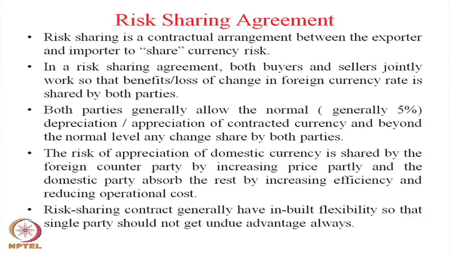In other words, for the exporter, domestic currency appreciation creates an operating exposure. For the importer, domestic currency depreciation creates an operating exposure. So, whenever there is an importer, there is an exporter. Whenever there is an exporter, there is an importer.